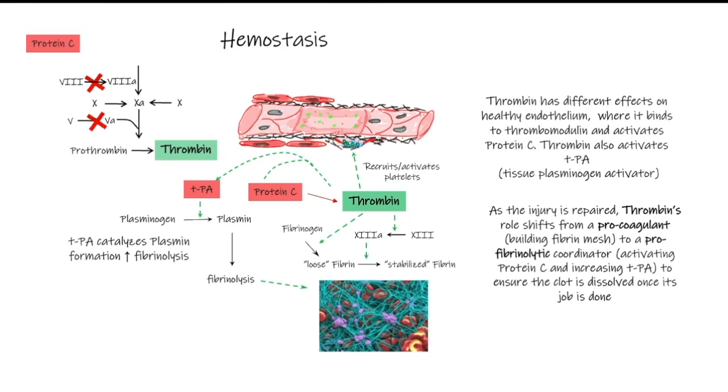So as the injury is repaired, thrombin's role shifts from a procoagulant, meaning that we're building the fibrin mesh and we're locking that platelet plug into place, to a profibrinolytic coordinator. And it does so by activating protein C as well as TPA.